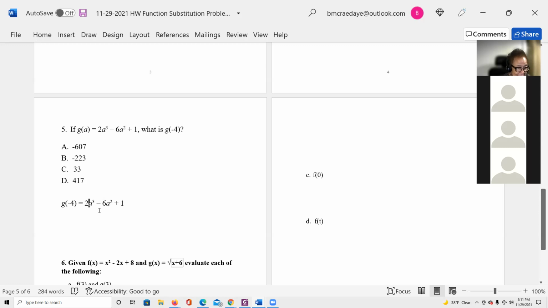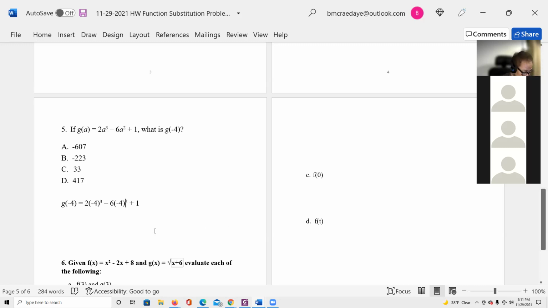Okay, let's just put in the values. A is -4. G of -4. So we got that -4, and that's to the third power. And this we have A again, -4, and that's to the second power.